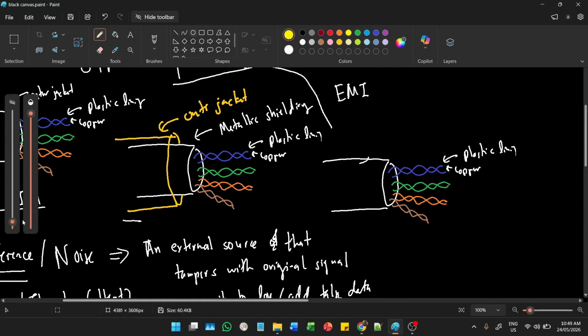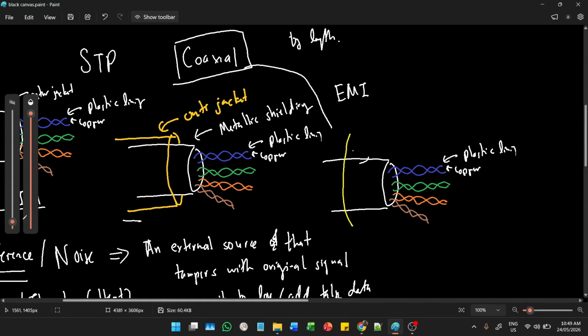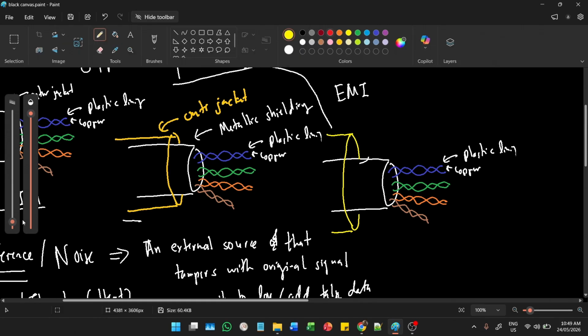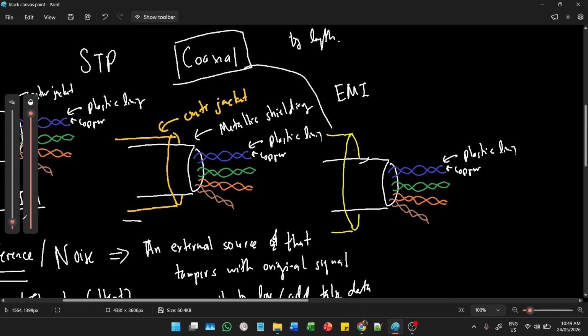Okay. So now you will have the outer jacket, right? But you will also have another added thing in between the jacket and the wires.